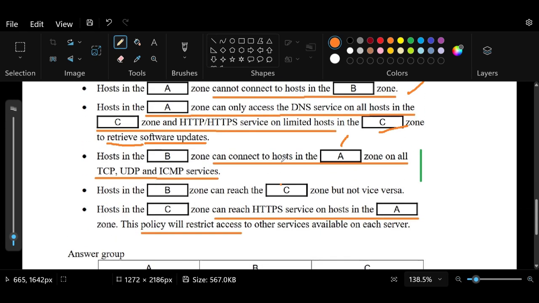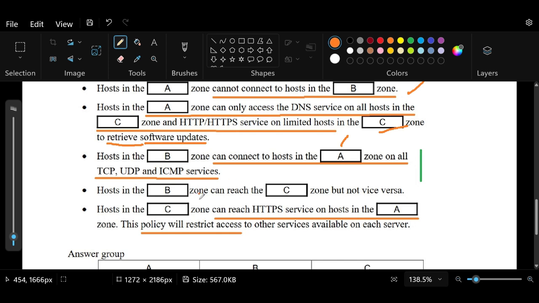So we can definitely say that A would be the better option. I mean, in this case, the DMZ zone would be the better option for blank A than the public zone, because we're letting the private zone connect to the hosts on all TCP, UDP, and ICMP services.